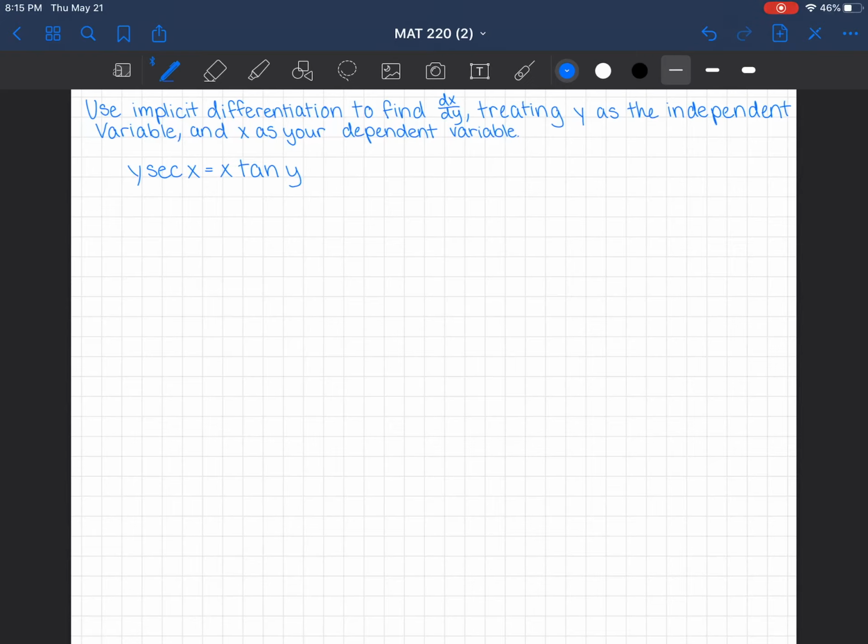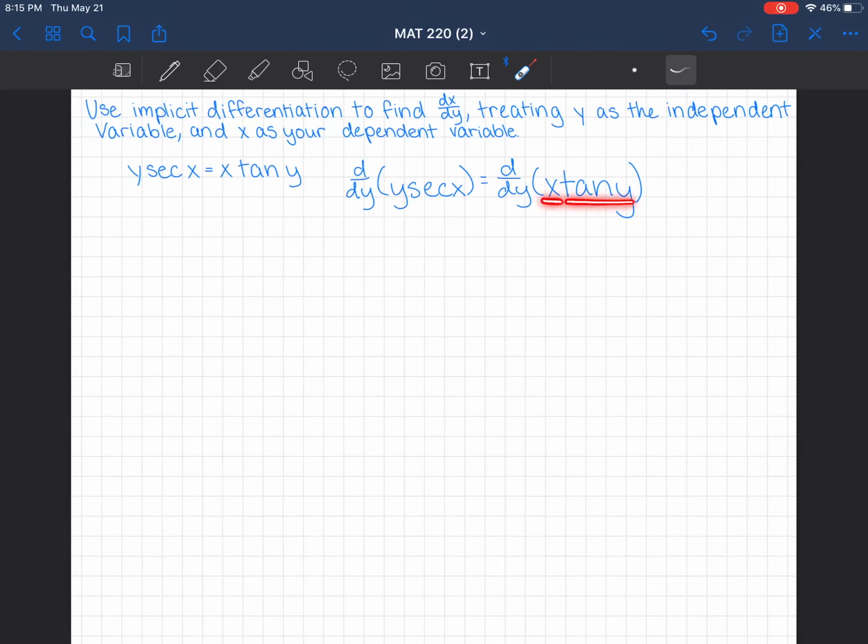So our first step when we're using implicit differentiation is to take the derivative of both sides. And again, we're doing that in terms of y. So from here, you do need to use the product rule when we take the derivative of either of these sides.